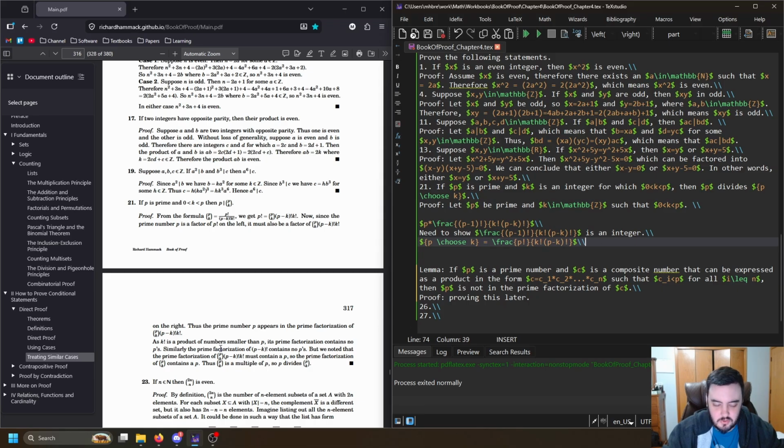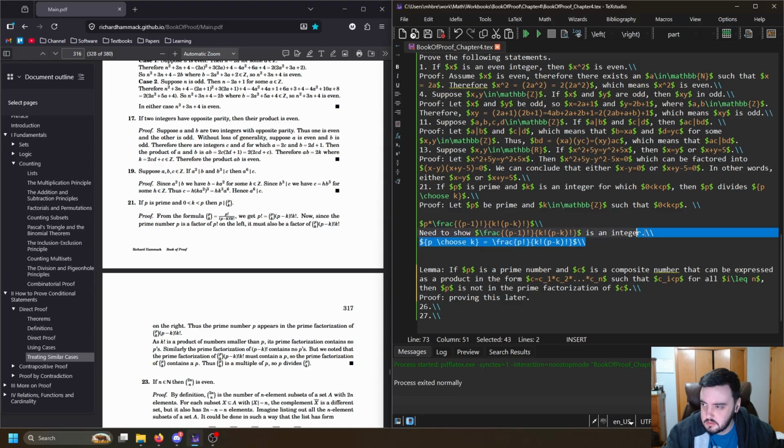Because I have seen that before. Because I think you use it in the infinitude of primes proof. I'm almost positive it comes up there. Anyways, very good proof. I like that he uses the prime factorization.